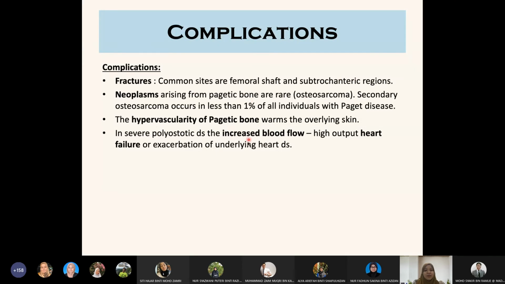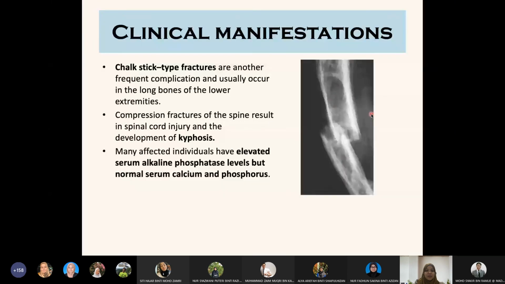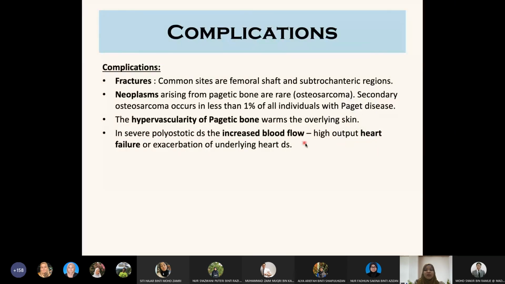Okay, and if you still remember the mixed phase that I've shown you, there will be a lot of vessels. So there will be hypervascularity of the pagetic bones. It will warm the overlying skin, and it is increased in severe polyostotic disease when it affects multiple bones. Like what I've shown you, there will be increase in vascularity. So if it affects multiple bones, it will increase blood flow.